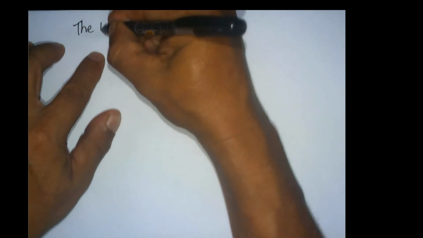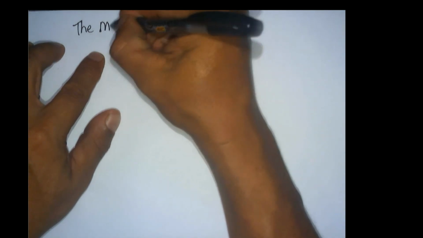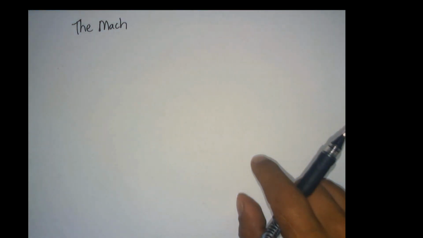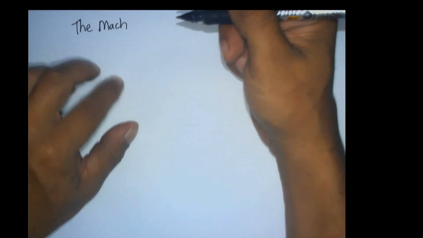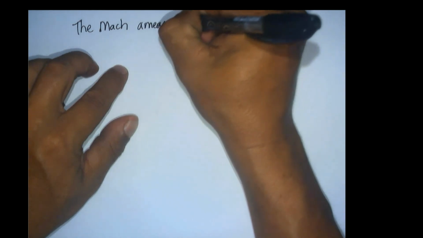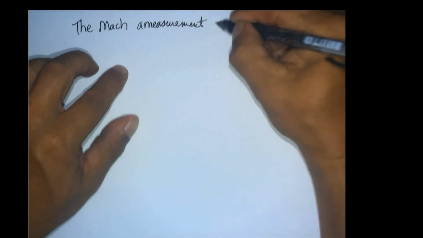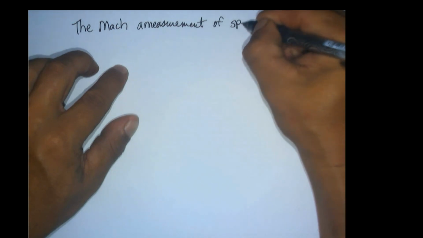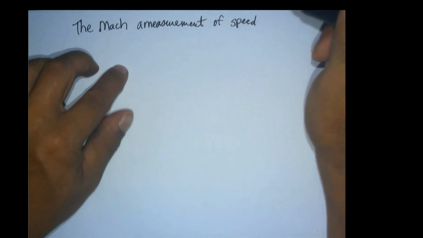Okay, the Mach. Anybody know what a Mach is? Something to do with space or airplanes or something. A Mach is a speed. Okay, the Mach is a measurement of speed, named after Ernest Mach.